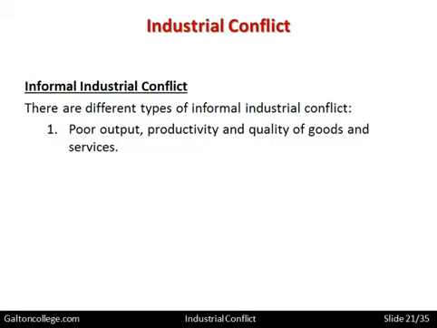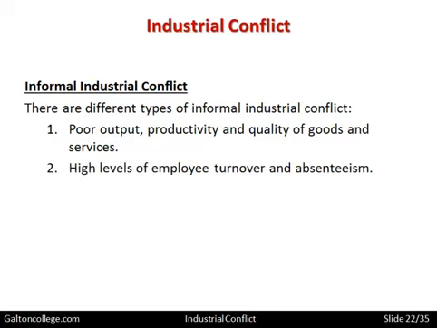They are not engaged in their activities. They're not motivated properly. They're not happy about what they're expected to do. So this manifests itself in terms of poor output, poor productivity, and reduced quality of goods and services.